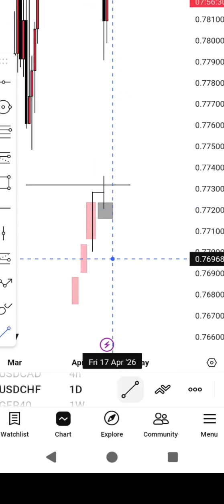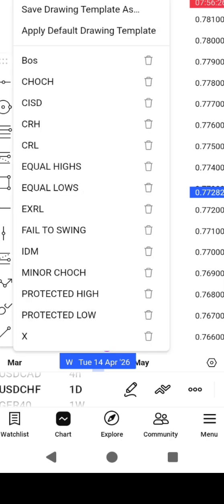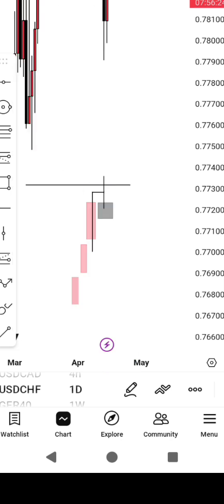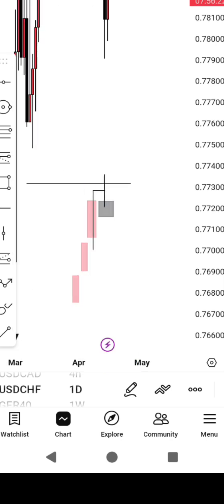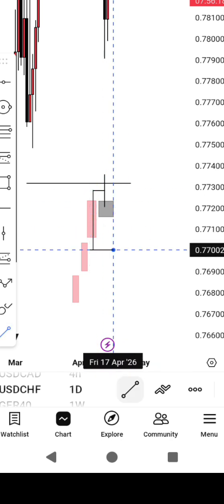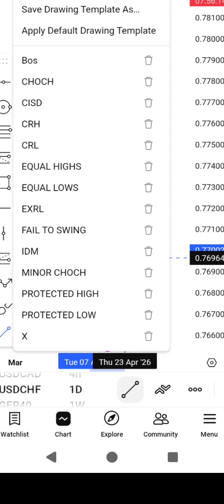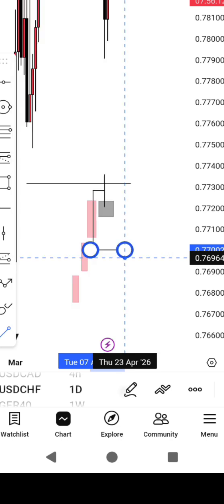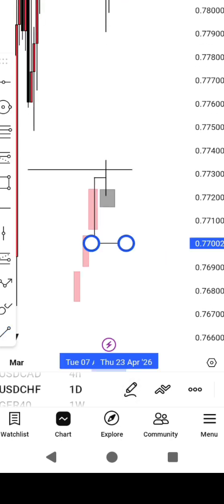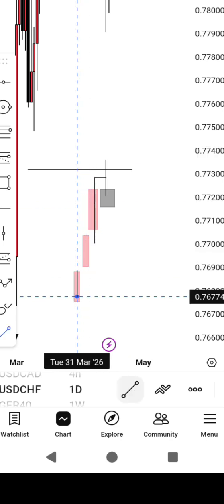Now, a lot would say that this is the candle range high, right? And the candle range low. That is still correct, but overall, this is the overall target of price.